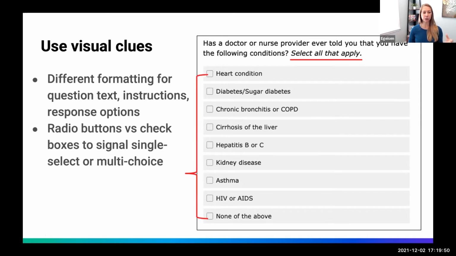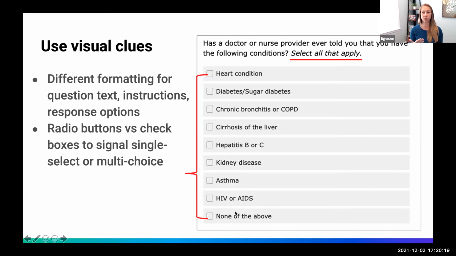But I did one more visual cue as well, and that is the use of checkboxes. The previous example didn't have any checkboxes or radio buttons. It was just the response option button. I like to use checkboxes and radio buttons because they're a quick visual indicator of how to answer the question. Most people who are web savvy understand that the boxes mean check all that apply and the radio buttons mean select one.